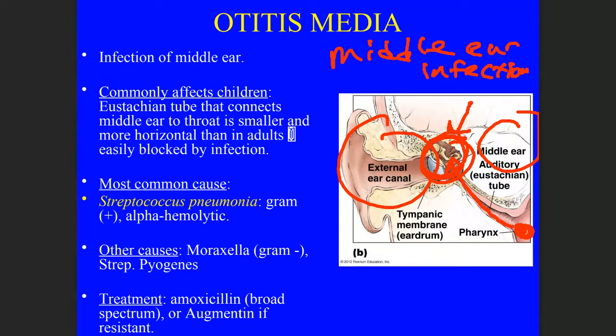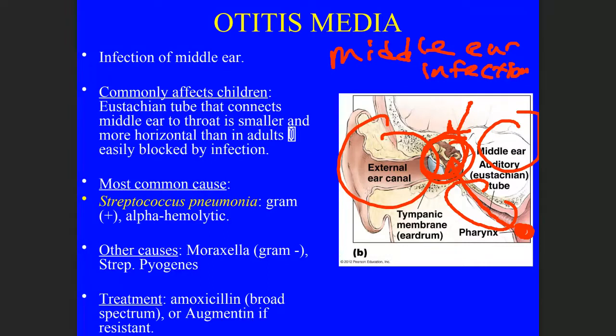Any age group can get a middle ear infection, but children, as you may know, are more prone to getting them than adults. That's because their eustachian tubes are shorter compared to adults', which are much longer. So it's easier for bacteria to travel up a short eustachian tube in a child than a longer eustachian tube in an adult.